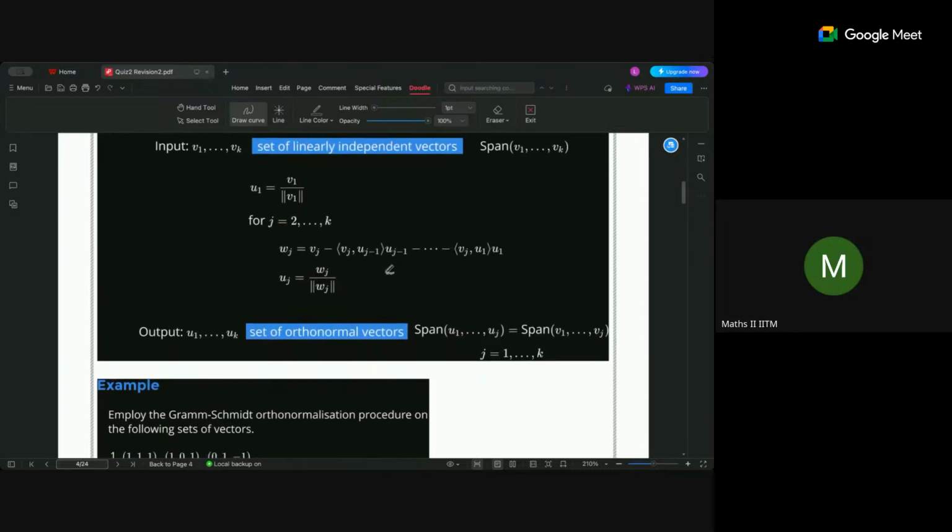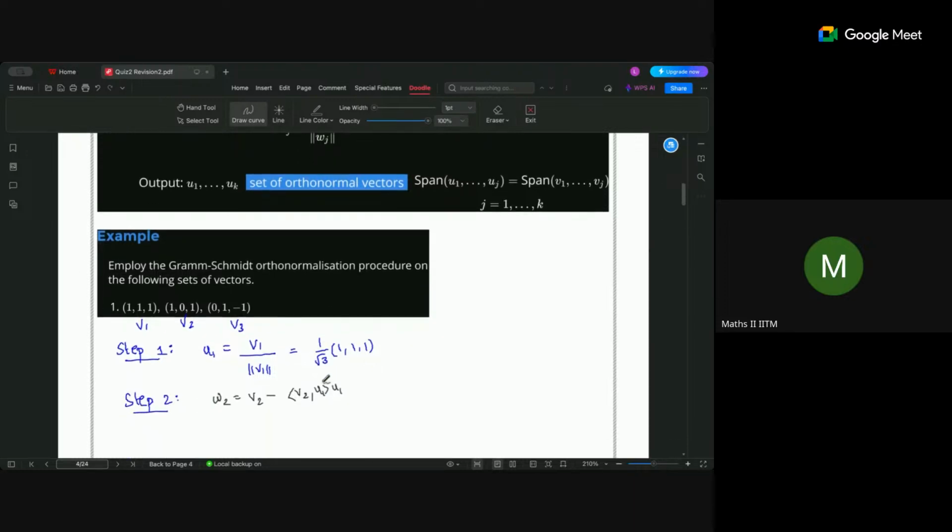The remaining terms will not be here for w2, right? Now let's calculate this. v2 is (1, 0, 1), and u1 is (1 by root 3, 1 by root 3, 1 by root 3).